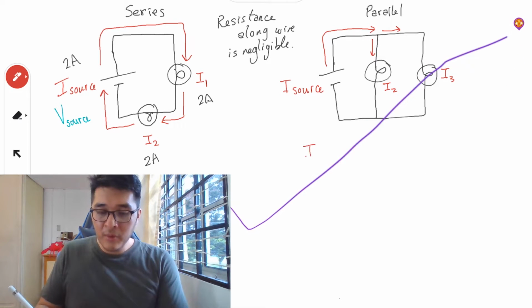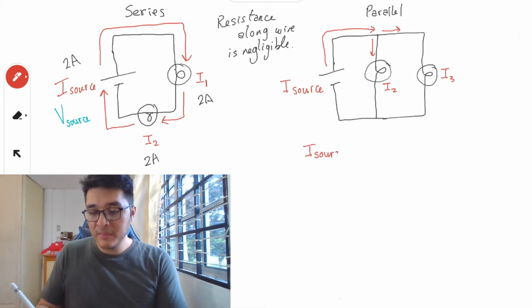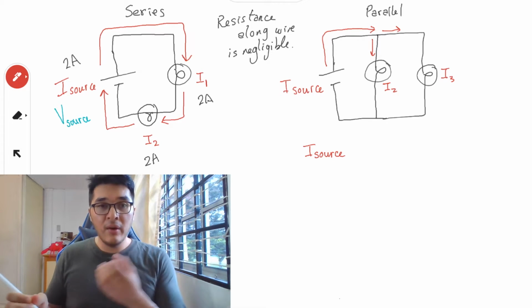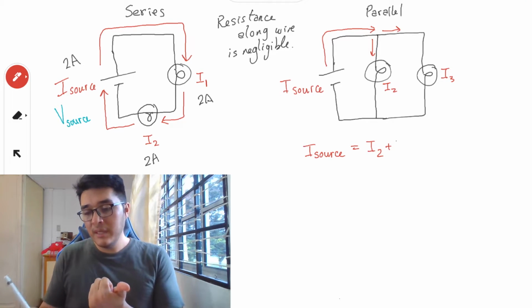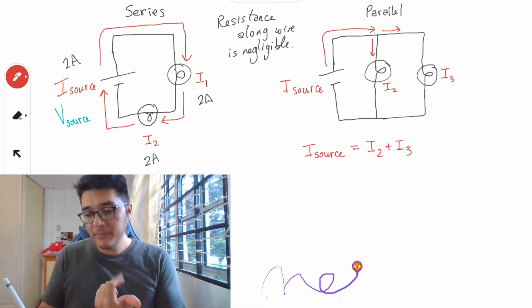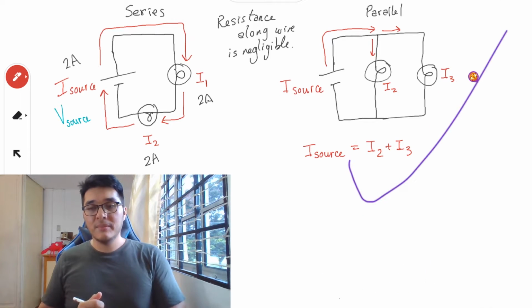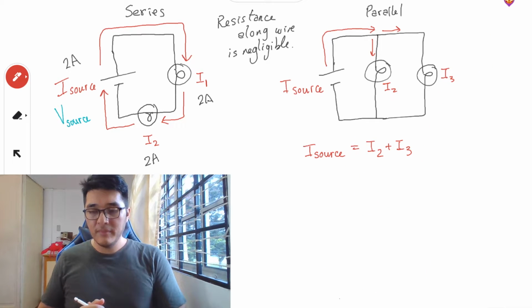But in general, one way you can get around not knowing how much it gets split by, you could say that all the current at the source will be the current going through the first branch plus the current going through the second branch. So does that explain it better mathematically?